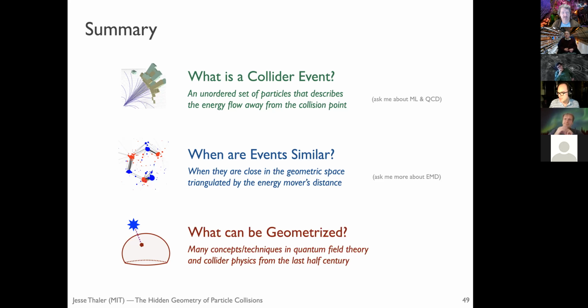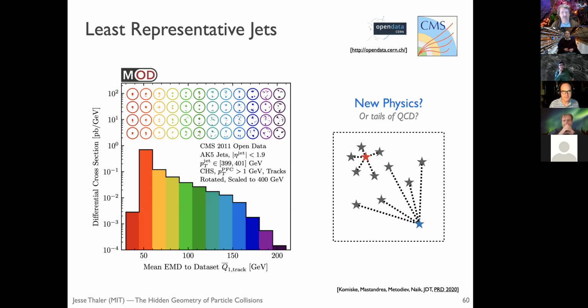I don't know how to do an analysis, but let me just show you something that's in that spirit. Let's say what I'm looking for is just weird stuff. Here's a histogram color-coded by weirdness. I just have a collection of jets, and jets that have small values here have a small distance to the typical configuration. You basically calculate the mean energy flow, and these have a small distance to the mean energy flow.